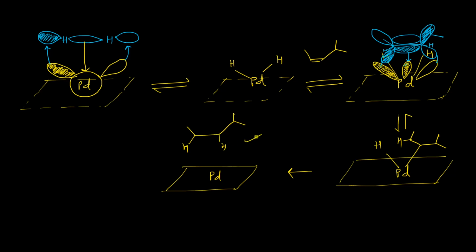The catalyst will be freed and it will again undergo its catalytic cycle. So this is the overall mechanism of heterogeneous catalytic hydrogenation.